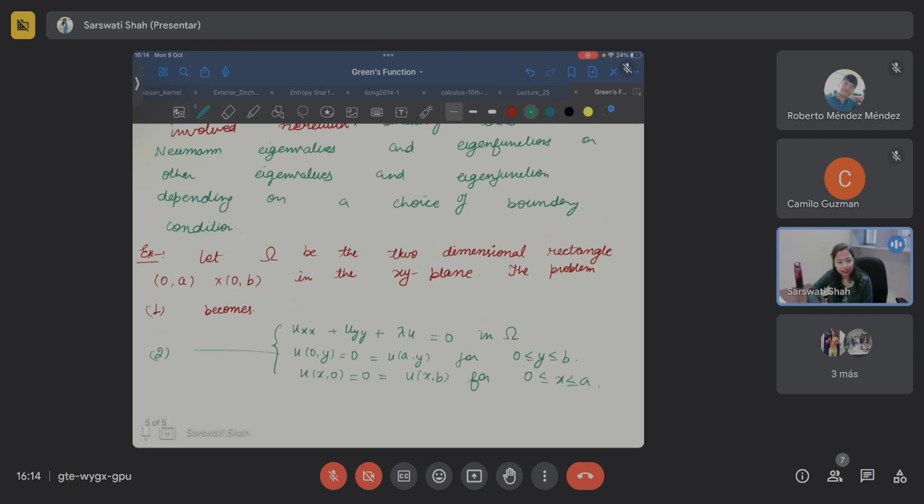Again, we are going to use the method of separation of variables to solve this problem. So, use the method of separation of variables and substitute the values of u_xx and u_yy in equation number 2.